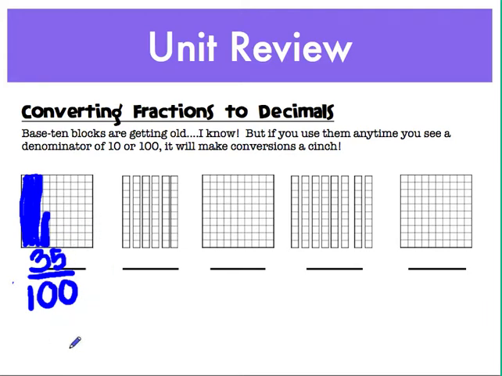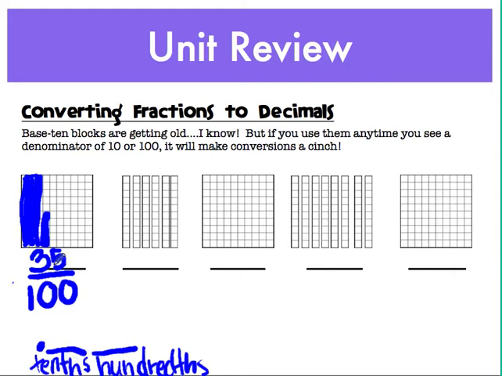Now, I know that this part seems easy, right? Well, to convert this to a decimal, all you have to do is know that the last number is going to end in the hundredths place. And we know that because it's over 100. So you simply have to know your place value. And we've already learned that this is the tenths place, and that this is the hundredths place.